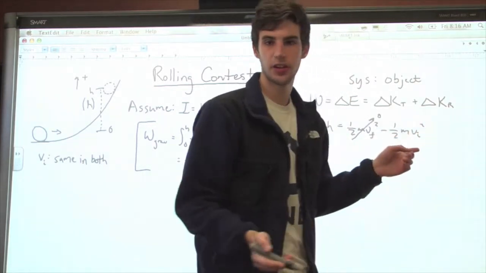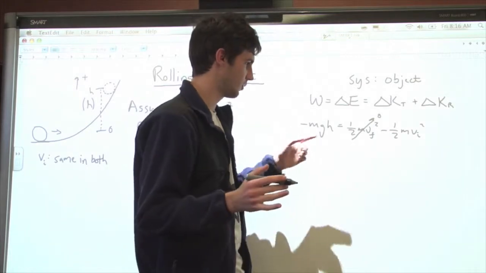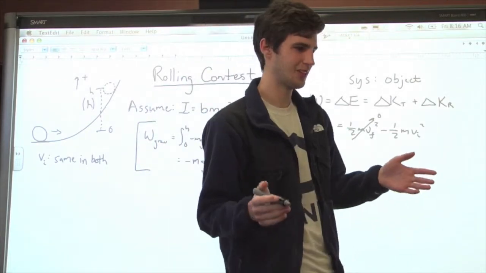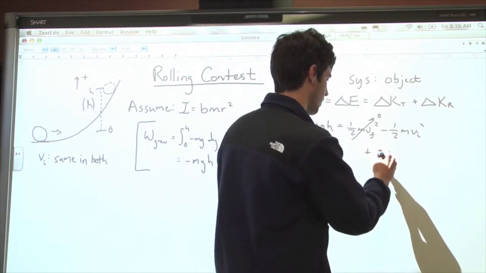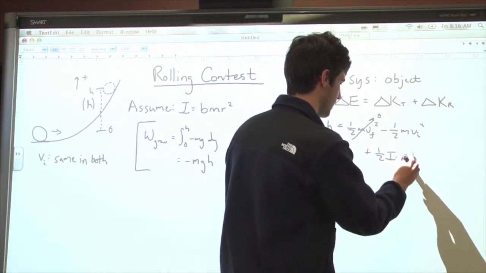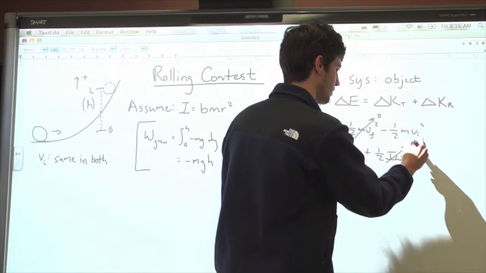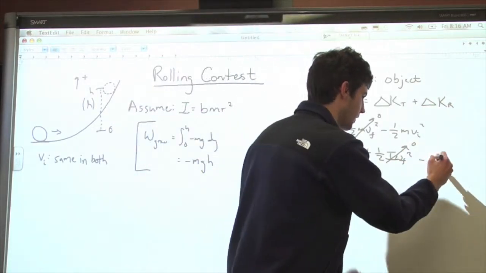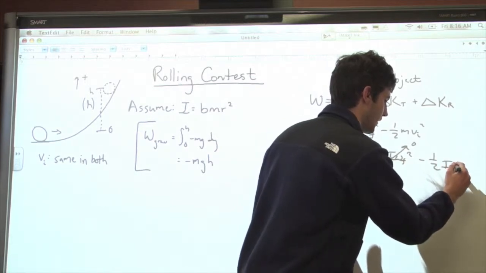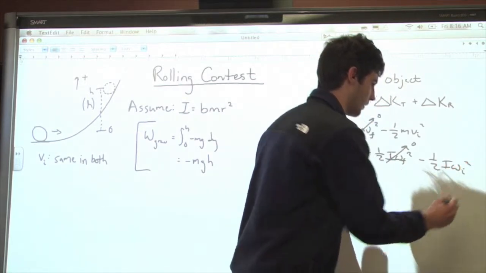I'm still just putting in a general mass. I don't know what this mass is, but I know it's the same for any given object. And then that's going to be plus 1/2 I omega final squared, which also goes to 0 because the ball stopped at that point, minus 1/2 I omega initial squared.